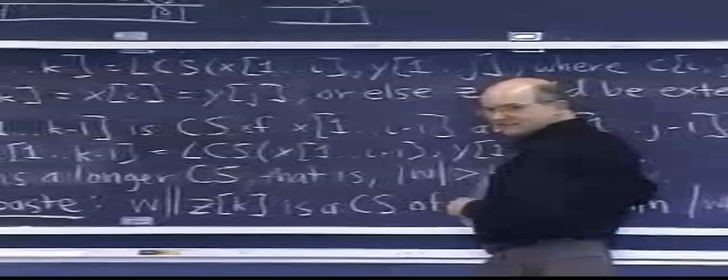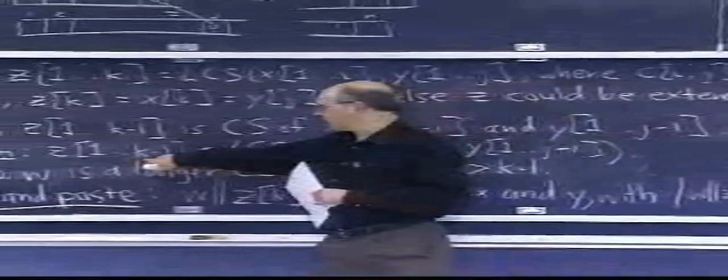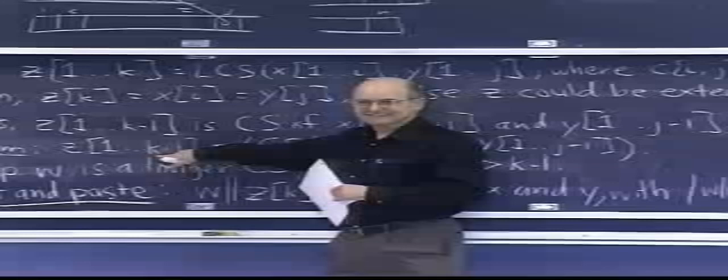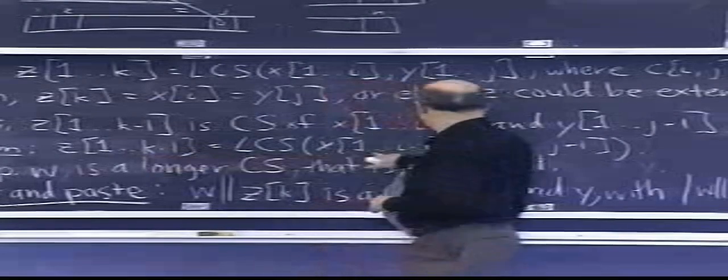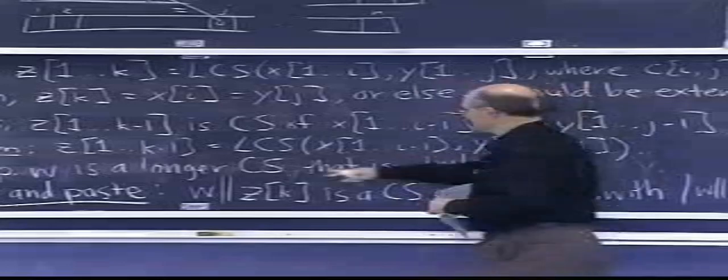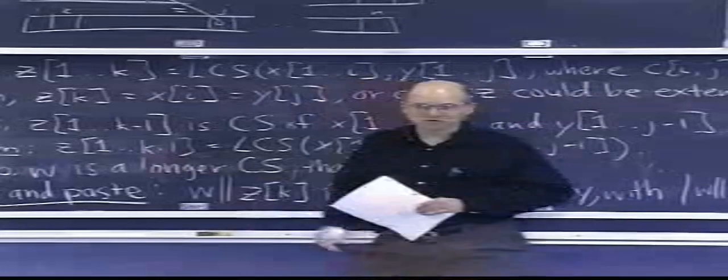Since Z of 1 to k minus 1 is the longest common subsequence, it's got k minus 1 characters, and that's the definition of C. C of ij is the length of a longest common subsequence. So therefore, for i minus 1, j minus 1, the answer is k minus 1. We know that.